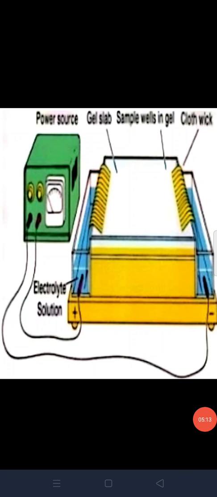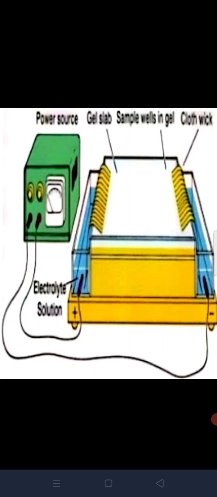In this picture, we can observe the setup of the apparatus of gel electrophoresis. Next, let us move on to the principle of gel electrophoresis. When a potential difference is applied across the electrodes of a horizontal electrophoretic tank containing agarose gel and biomolecules such as nucleic acids are loaded, they get separated according to their molecular size.